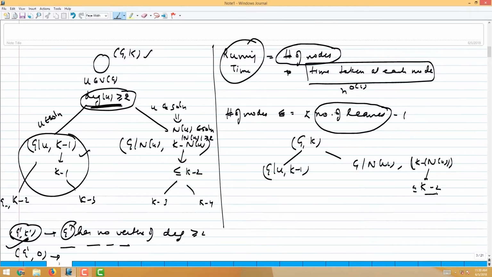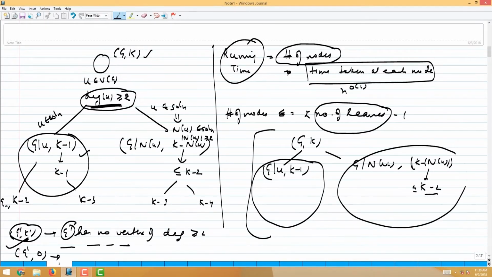We are interested in bounding the number of leaves in this branching tree. In order to write a recurrence, we can say that the number of leaves in this branching tree is equal to the number of leaves in this branching tree plus the number of leaves in this branching tree, right?